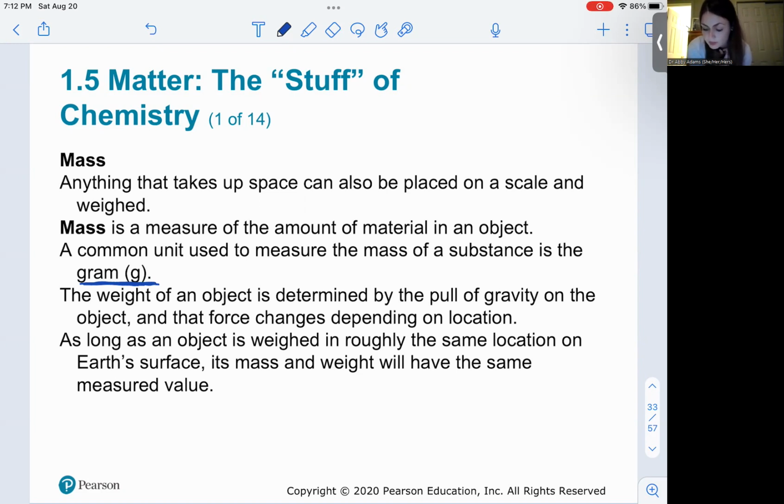That's the very basis. The weight of an object is determined by the pull of gravity on that object. Okay, so that's why weight changes. Your weight on Earth versus your weight on the moon is going to change because of the pull of gravity. That's different, right? But your mass is not going to change. That's what the difference is.